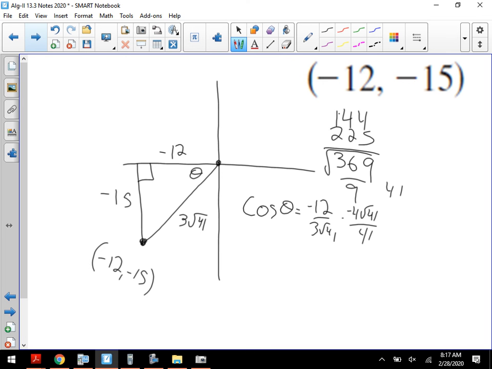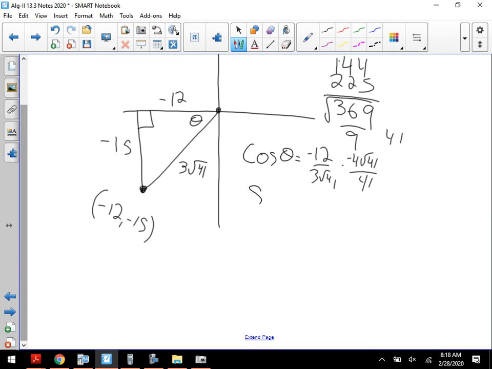Sine. Opposite over hypotenuse. Negative 15 over 3 root 41. So that'd be negative 5 over root 41. This would be negative 5 root 41 over 41.